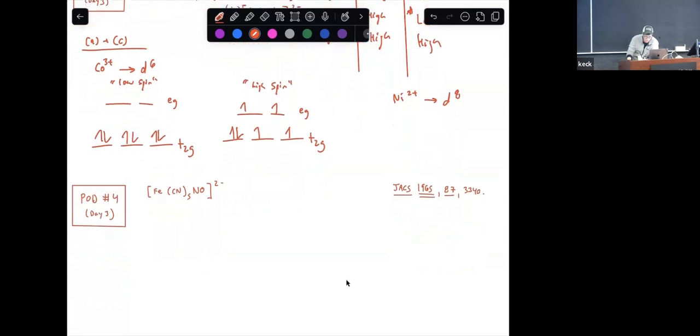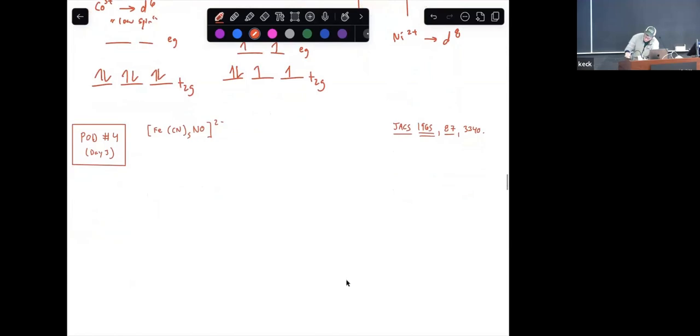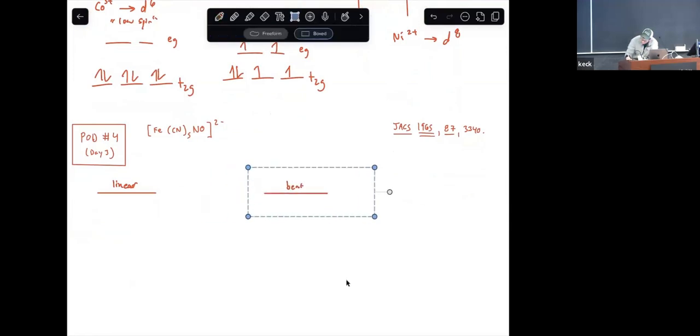And then a question that's going to foreshadow what we'll talk about for the rest of the class is the extent of back bonding into the cyano ligand versus the nitrosyl ligand, and how you might determine that. So there's a lot to unpack here. Just for the purposes of the exercise, because this has come up a few times as a question, we can do this both ways, whether we want to consider linear or bent nitrosyl.